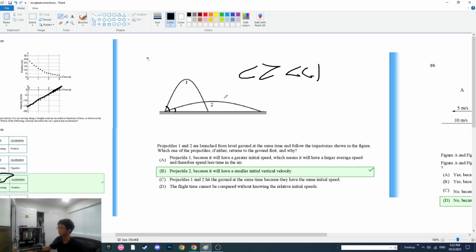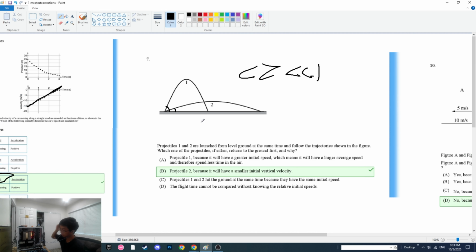If you launch an item with a higher launch angle, that means it had a higher initial vertical velocity. And since this one was lower, that means it was launched with a lower initial vertical velocity, and that means it'll be in the air for less time.